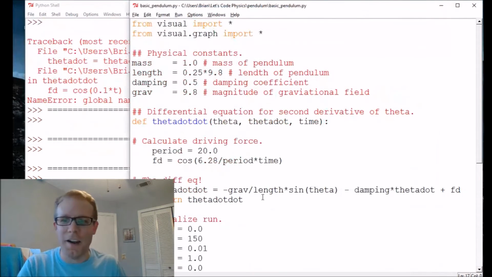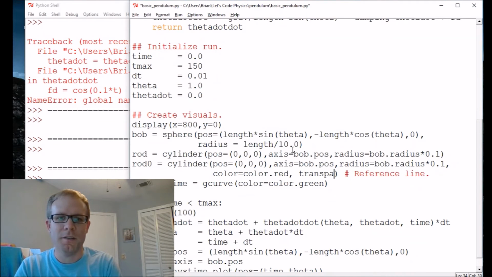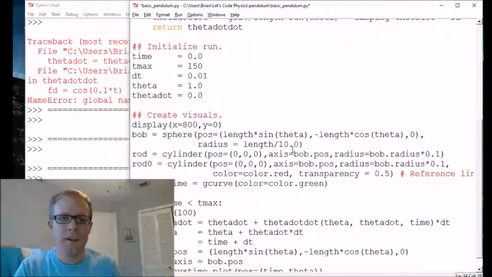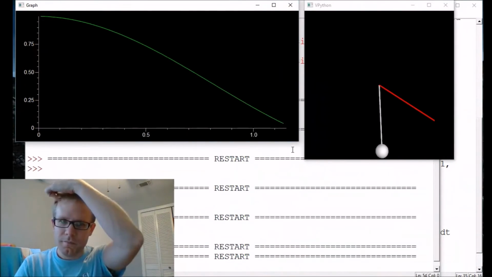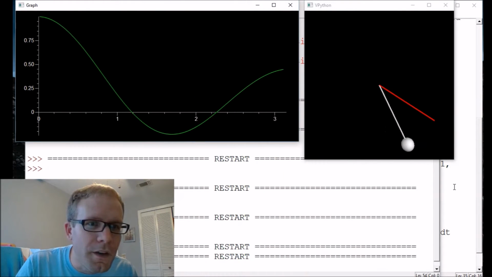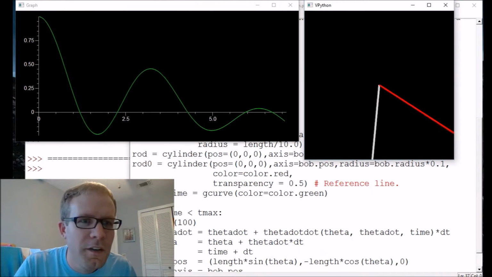Cool. So that's working out well. That's good. Let's see the reference line. Let's make this thing's transparency equals 0.5. Wait, is it transparency or is it opacity? Let's find out. It is not transparency. Okay.